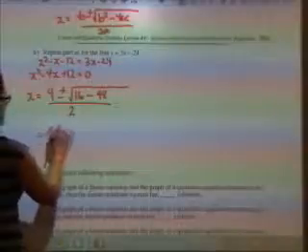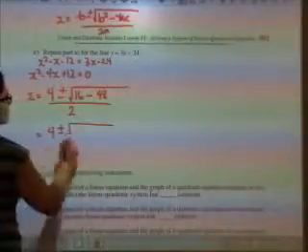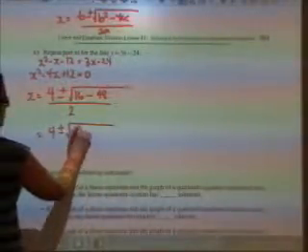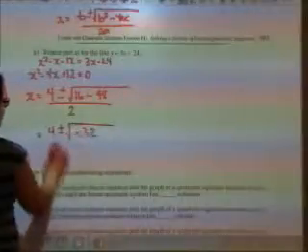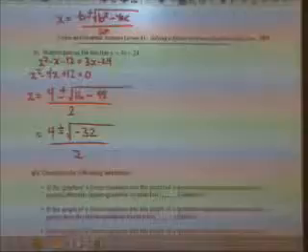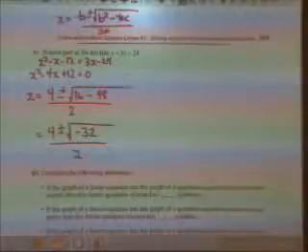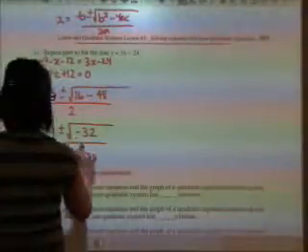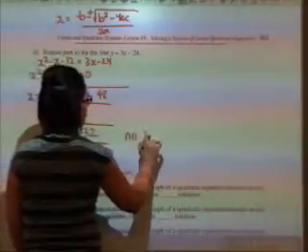So I get 4 plus or minus the square root of -32 over 2. Because I have a negative root, there is no solution.